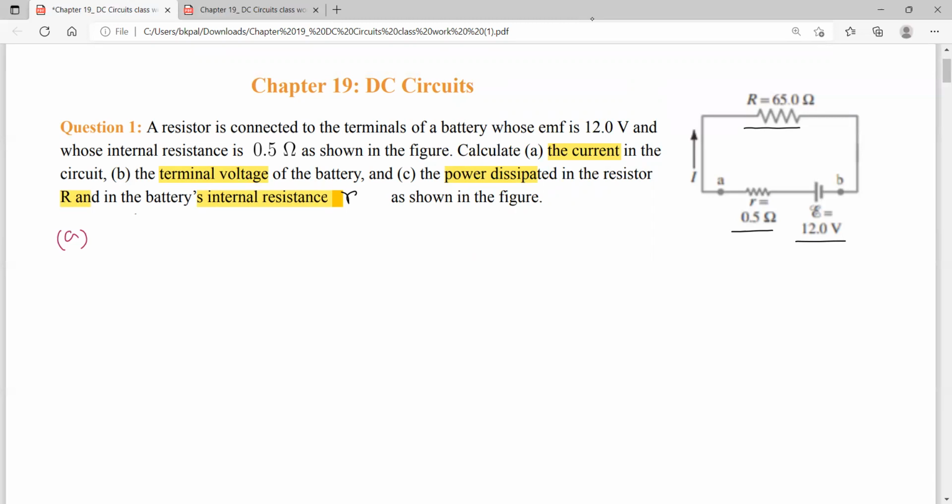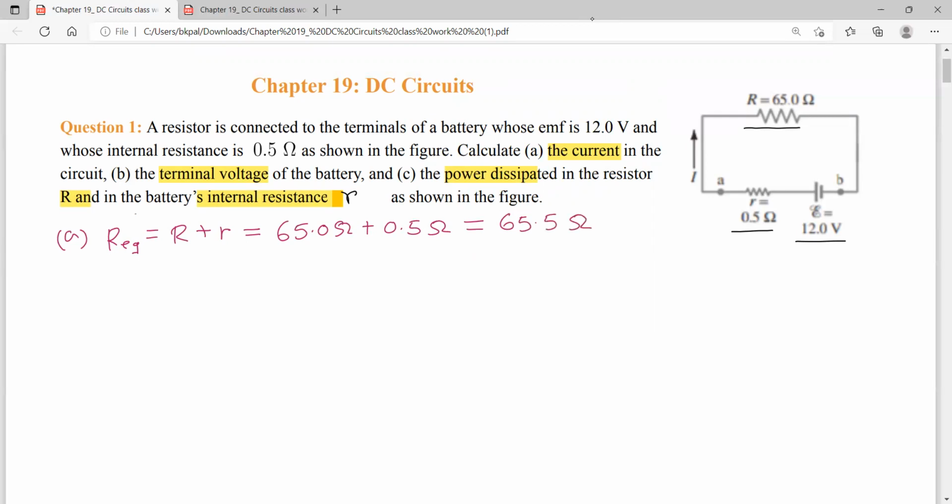So the equivalent resistance here is R plus small r, and the capital R is 65 ohm and small r is 0.5 ohm. So the equivalent resistance is this.